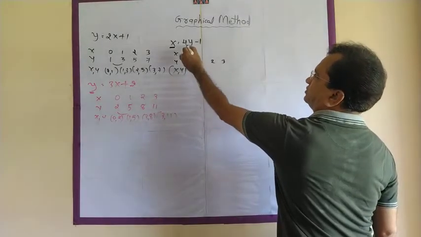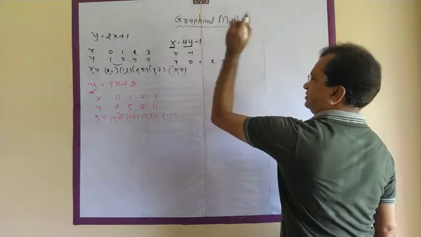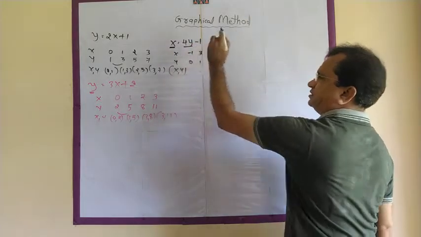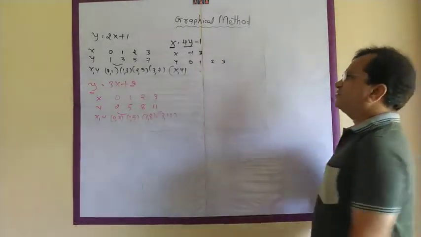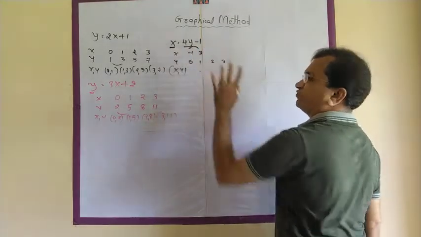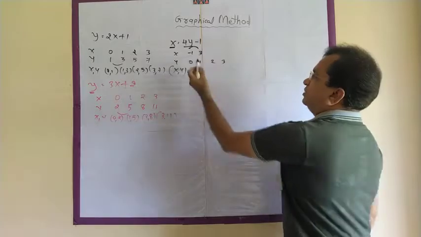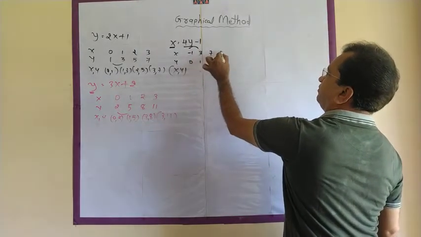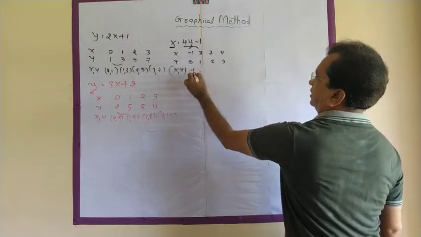Again, substitution of 0 is very easy. You will get minus 1. Substitution of 1, 4 ones are 4, minus 1, so 3. Now find out the gap. That gap is 4, increasing. Minus 1 plus 4, 3 plus 4, 7 plus 4. So your coordinates are ready.